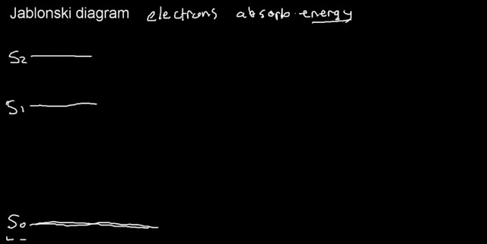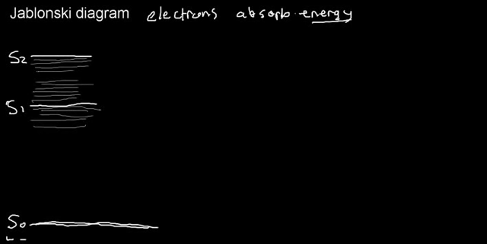Now, we already discussed these are electronic transitions. And in between these electronic transitions, we have rotation and vibration levels as well. Meaning that the molecule, the fluorophore, can lose some energy in vibration or rotation, and not only have electrons jump back and forth in electronic transitions.